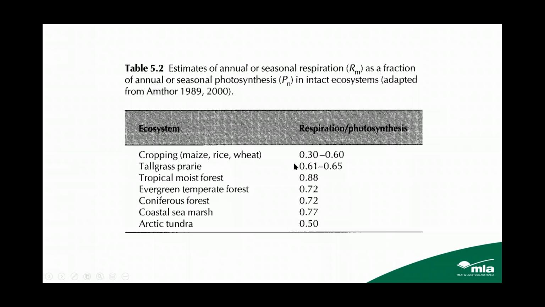Tallgrass prairie, somewhere in the States, wherever I got this from, is around 60%. So it's almost like the plants are taking 3 steps forward and 1 or 2 steps back, but that's just the cost of doing things. The important thing to note is that as temperature goes up and up, respiration plays more and more of a role, particularly in those C3, cool season plants.